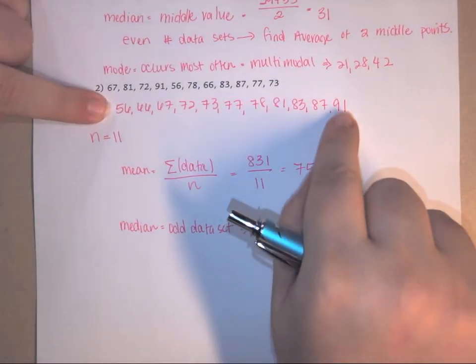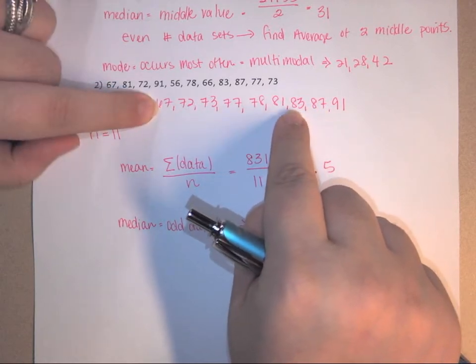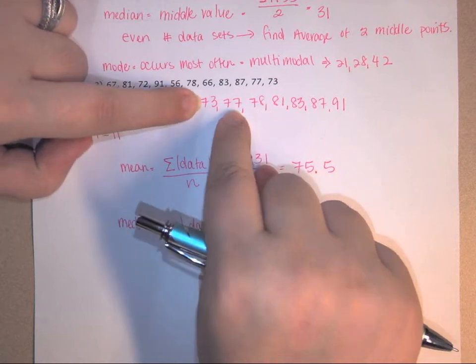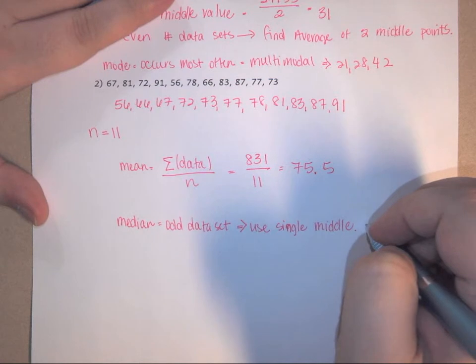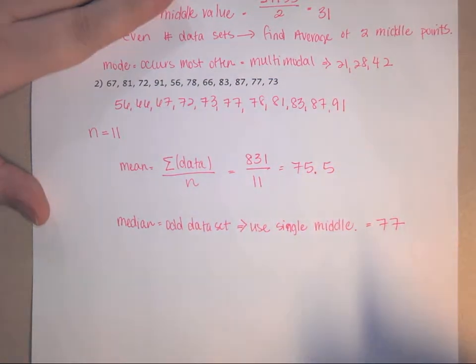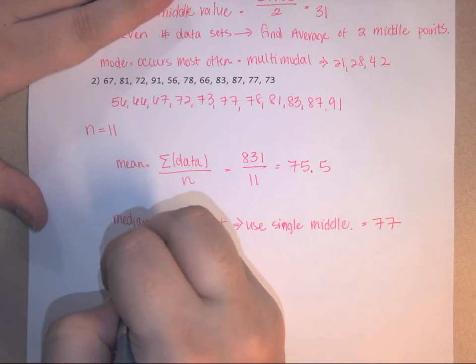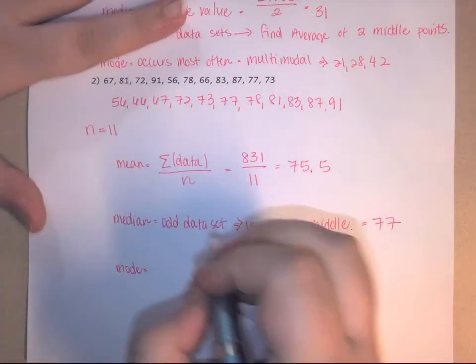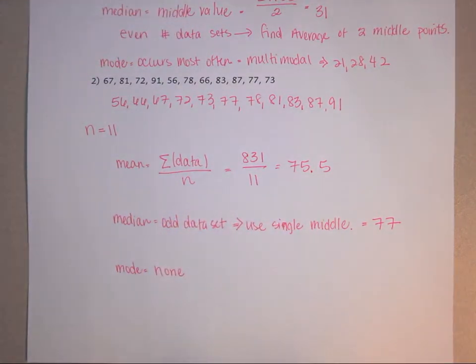So if I start on either end and I go in, you'll notice that eventually we're going to come to just a single value. And we end up on 77. So my median here is the 77 because it's the single most center point. And then in terms of my mode, if you notice, none of my values repeat. So this means we have no mode.